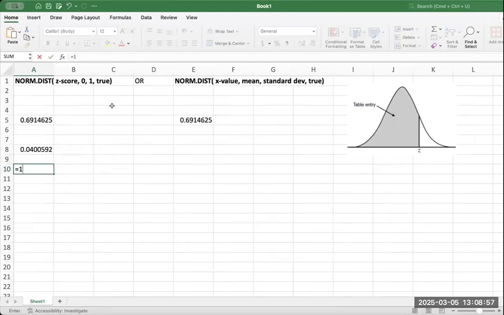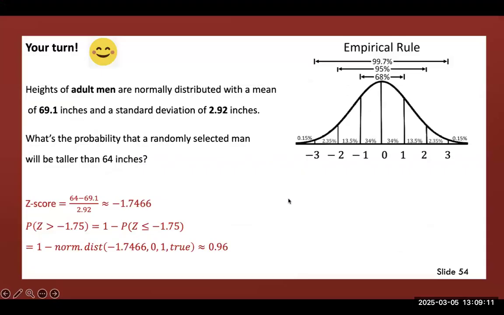And then I'm just going to say 1 minus, click on this and hit enter, and I get about 0.96. So there's a 96% chance that a randomly selected man will be taller than 64 inches.